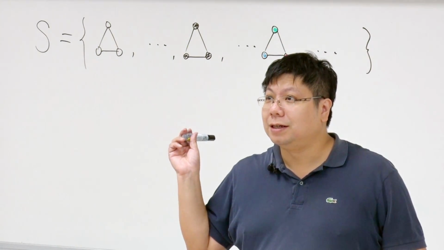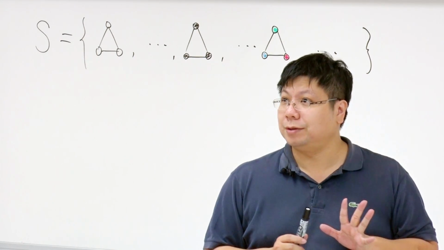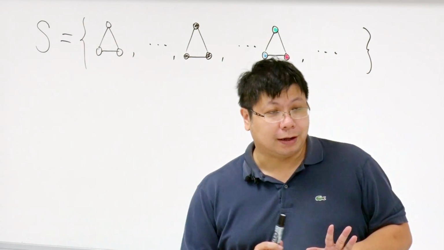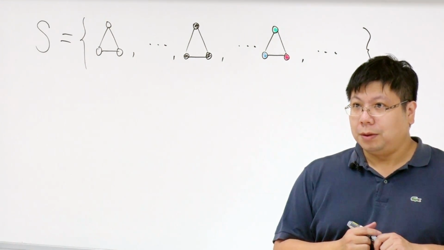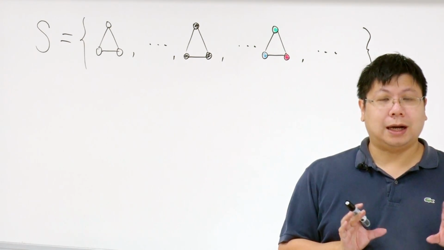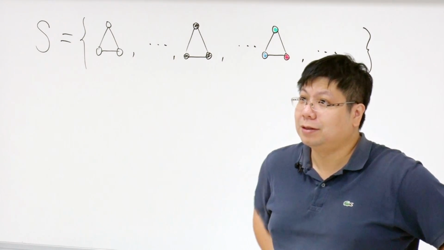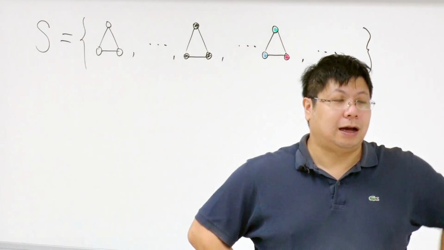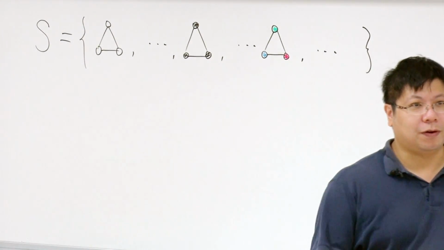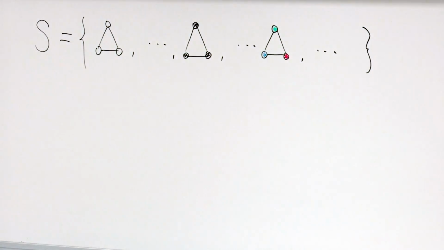Is that okay? So we now have 5 colors. And then we consider two colorings to be the same if one can be obtained from the other by doing rotation. Now how many distinct cases can we form?